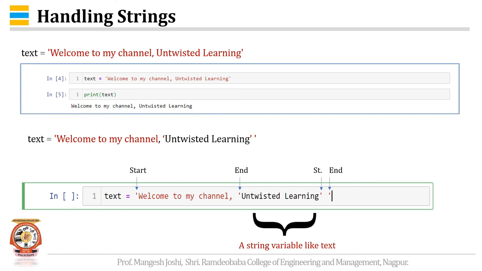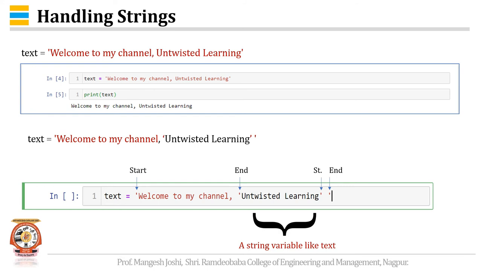You can easily enclose this string in single or double quotes. I have executed this here: text is equal to, in single quotes, welcome to my channel, untwisted learning. Then I am printing the value of text. It has printed welcome to my channel, untwisted learning. So it is very smooth and running great.